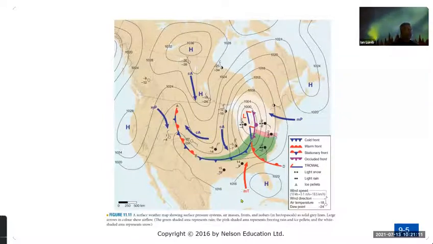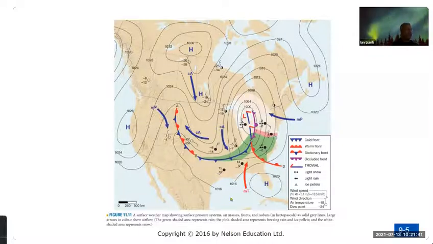Down here towards the south, we have a warm, moist air mass, maritime tropical origin, out over the Gulf of Mexico, that's making its way to more northerly latitudes. And you can see where it has made it to is indicated by this line here, CD, where you have the red semicircles that show the advancement of this warm front.